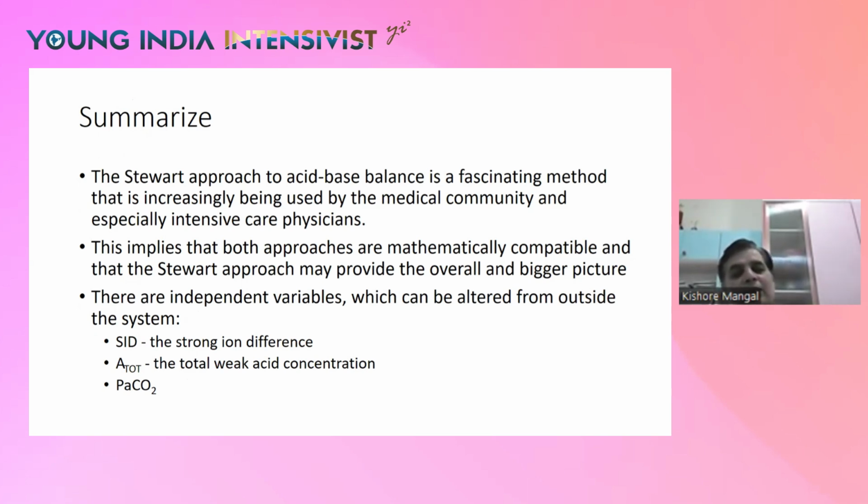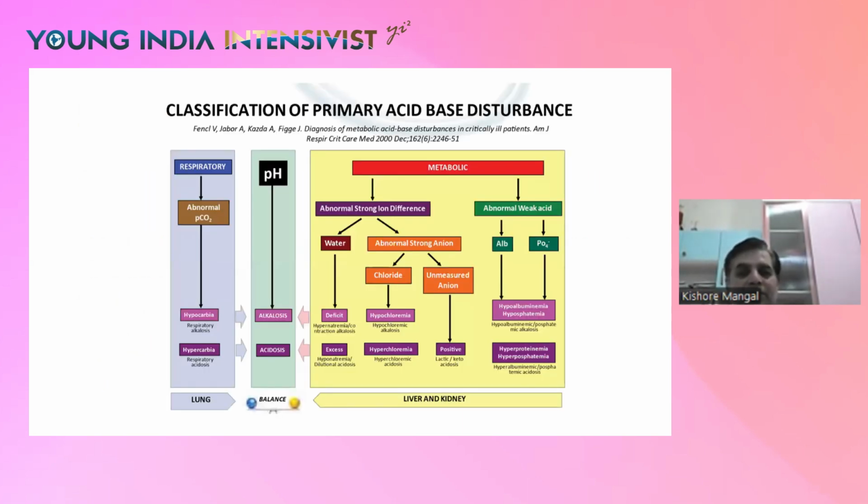This implies that both approaches are mathematically compatible, and the Stewart's approach may provide the overall and the bigger picture. There are three independent variables: SID, ATOT, and PaCO2. From this, we classify our acid-base balance in the form of alkalosis and acidosis.